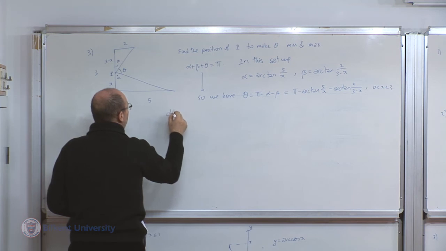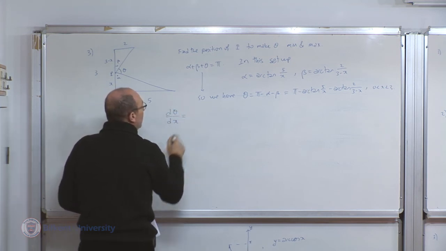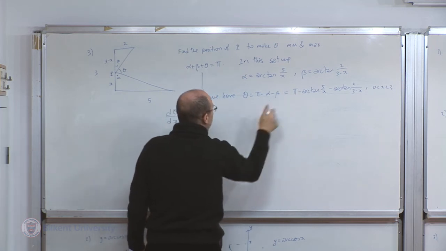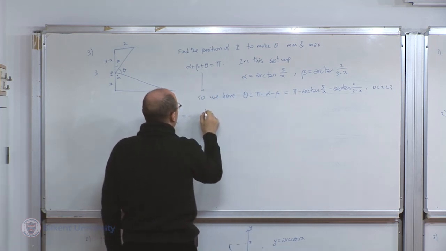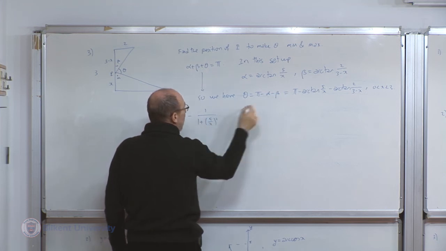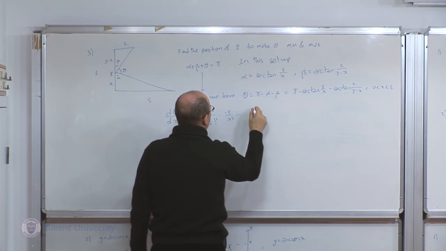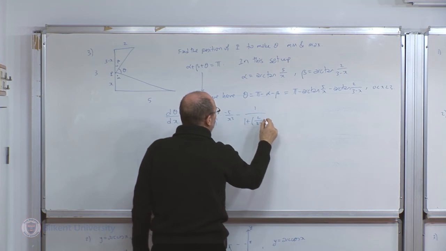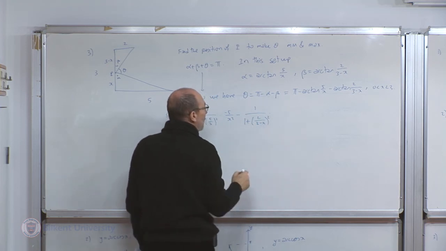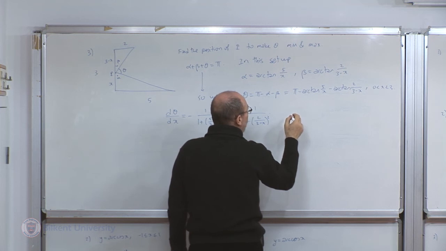So derivative of theta with respect to x. Okay, so this is 0 minus derivative of this, which is 1 over 1 plus 5 over x squared times derivative of 5 over x, which is minus 5 over x squared, minus the other one, 1 over 1 plus 2 over 3 minus x squared times derivative of this, which is just 2 over 3 minus x squared.